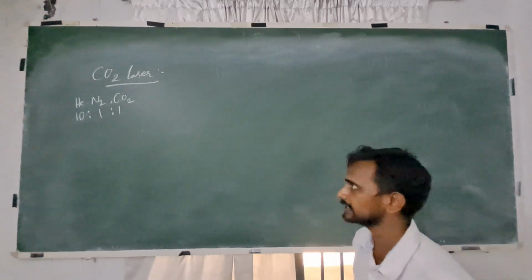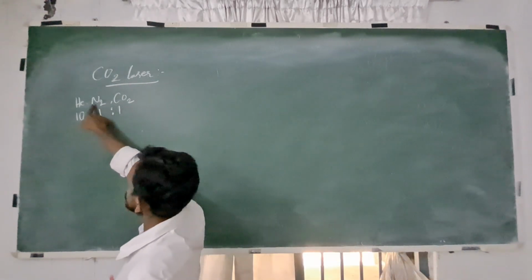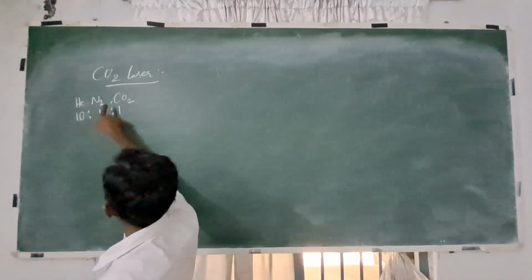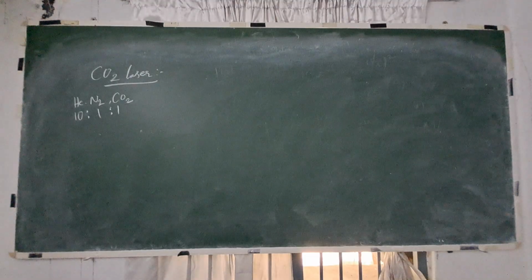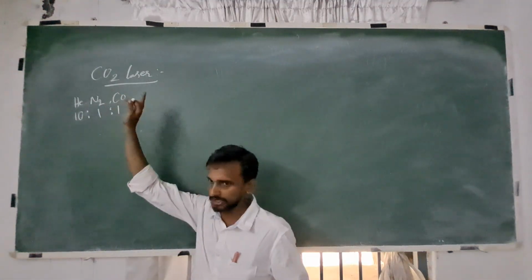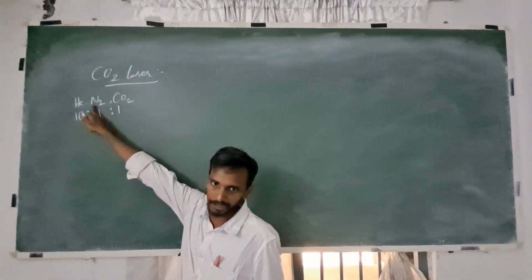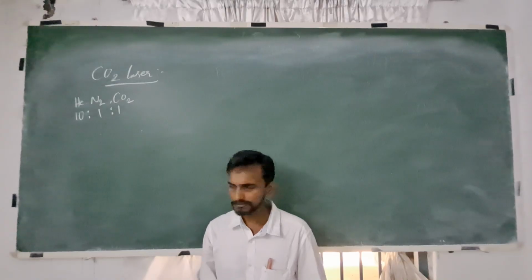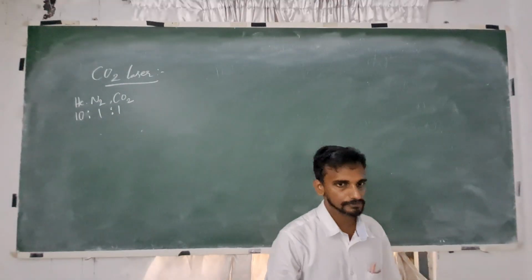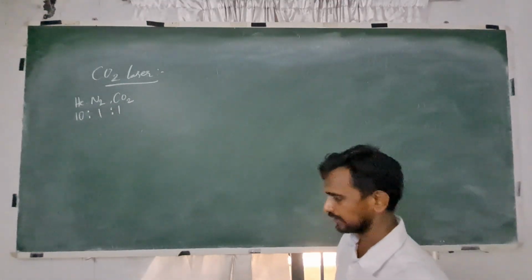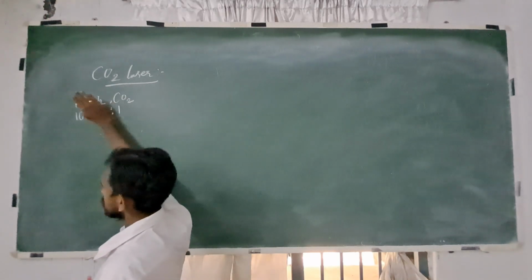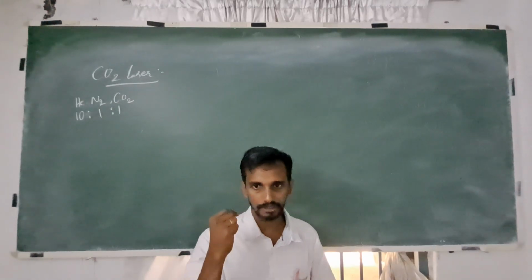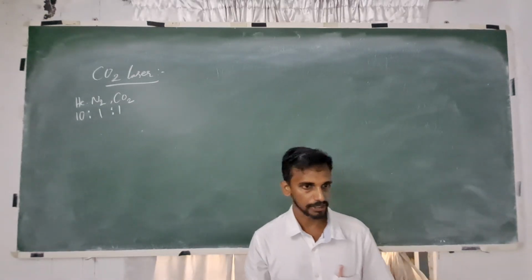So just like in helium neon laser, here nitrogen takes the electrical energy for excitation, and it will be transferred to carbon dioxide, and helium acts as a buffer agent, to maintain proper pressure in the chamber so that more collisions will take place and atoms will go to ground state quickly.